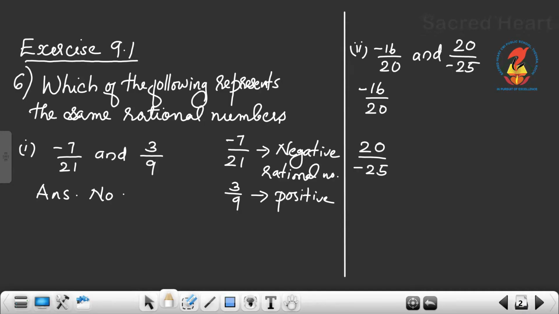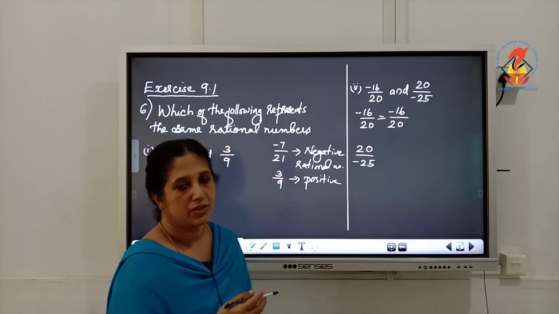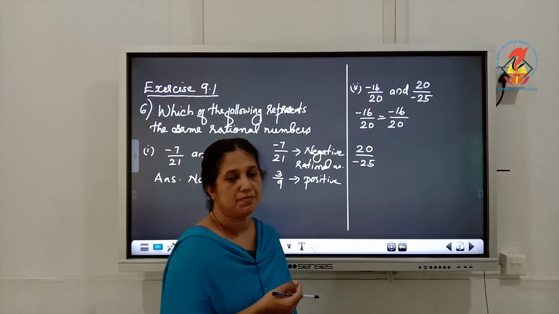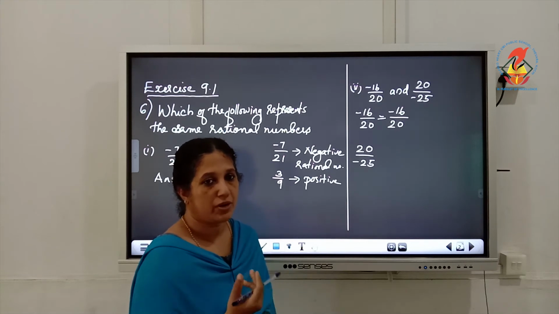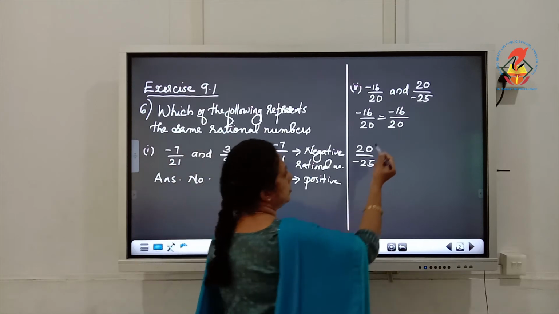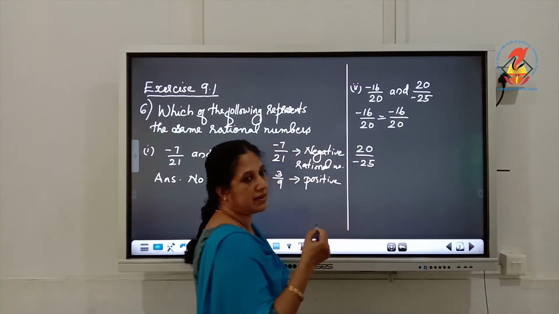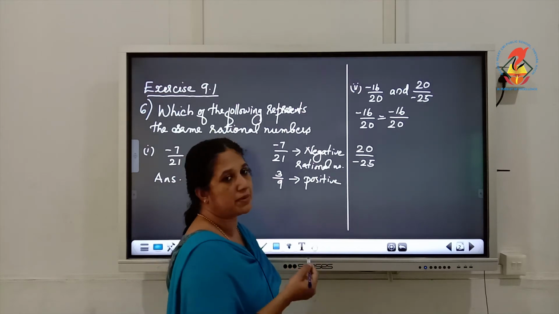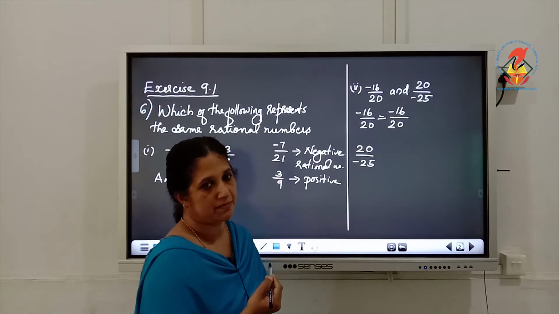Then negative 16 by 20. How can you reduce it to the standard form? You have to make the denominator positive. Here the denominator is positive. And again you have to find a common factor, that means the highest common factor of numerator and denominator, and after that divide both by the highest common factor.